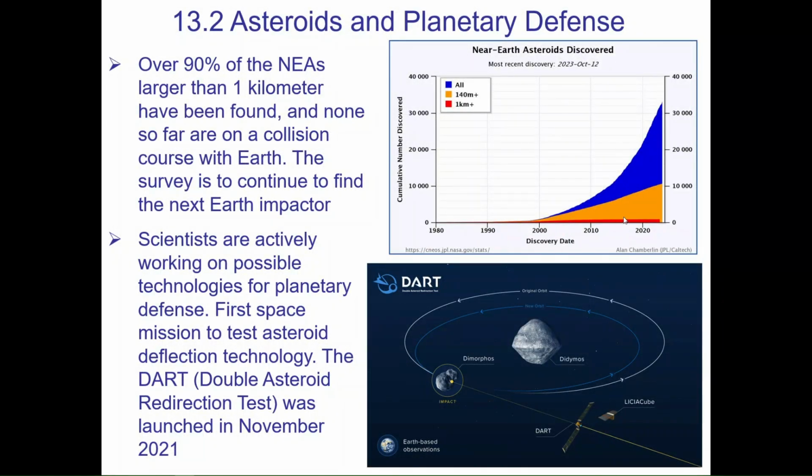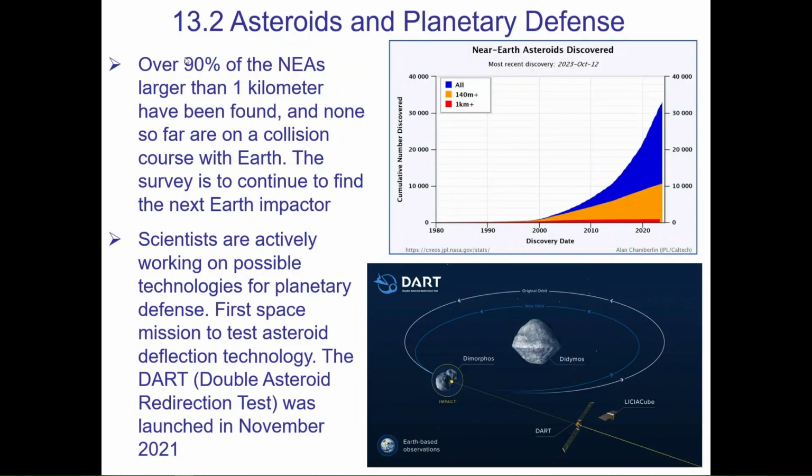The red one represents the 1 kilometer plus ones, the near-Earth asteroids greater than 1 kilometer across. And this is not a lot. The yellow or orange part is the asteroids 140 meters across or more, but less than 1 kilometer across. There are 10,000 of them, so it's also a lot, right?